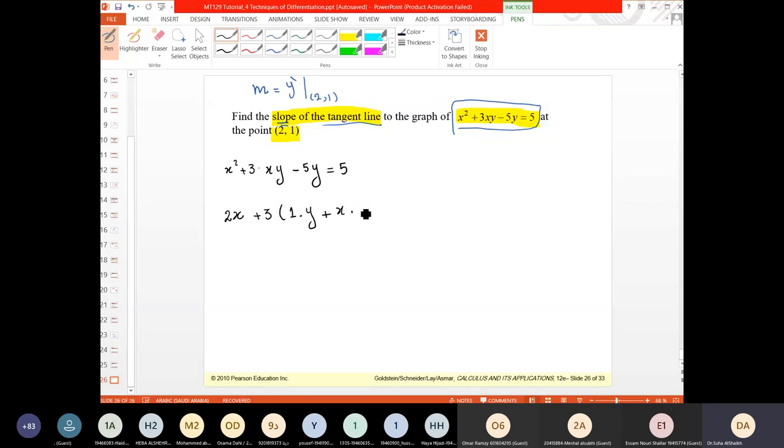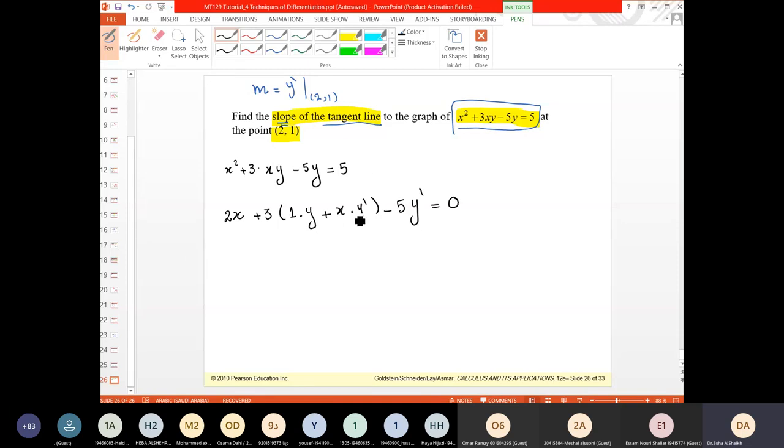What's the derivative of y? y dash. Minus, what's the derivative of 5y? It is 5 times y dash. And this equals 0. That's correct. Whenever we differentiate y, we must multiply by y dash. Don't forget to multiply with y dash. So this is the derivative.